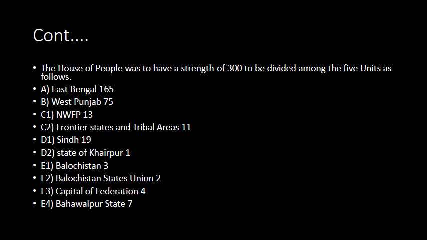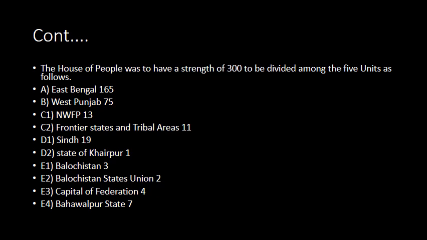In this way, 300 seats were divided among various units according to their respective population. Being the highest in population, East Bengal got the majority of seats, 165, and the second was West Punjab, which got the second highest number, and the State of Khairpur with minimum population got 1 seat.